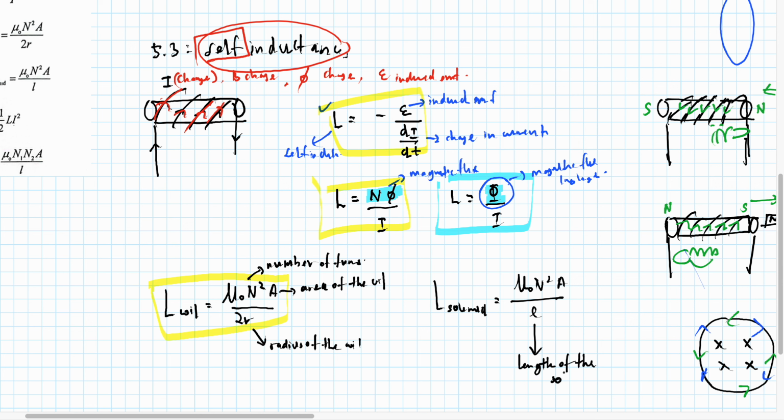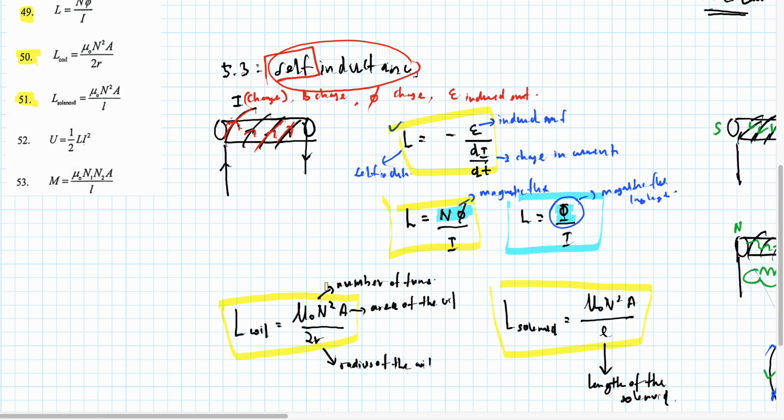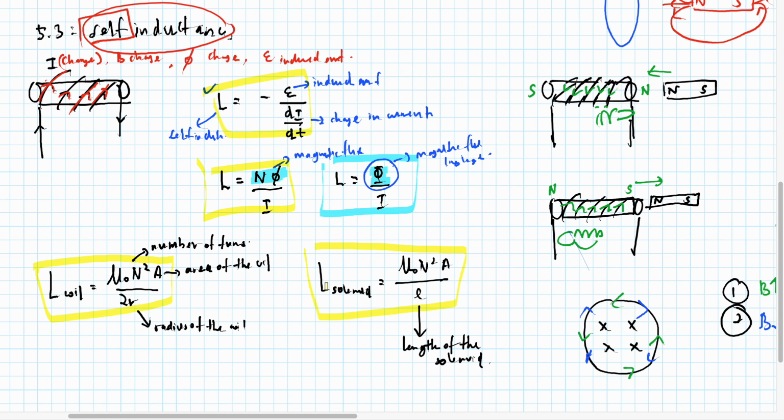Both these formulas are given. So formula number 50 and also 51 untuk solenoid and also untuk coil. Okay, yang itu adalah untuk self-inductance.